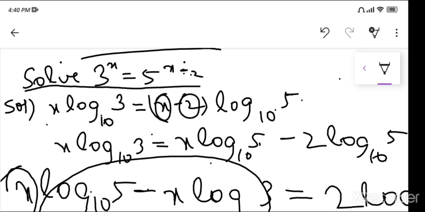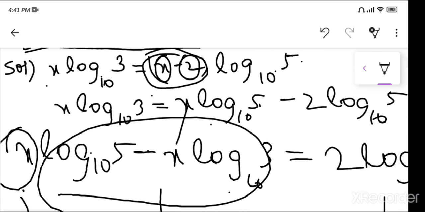After taking the base 10, you do the same thing with the x minus 2 for the 5. The x minus 2 you need to write first, because as I told you, the power becomes the main value of the sum. So you need to take log 5 to the base 10, because there's no base. If there's no base, you need to take it as 10.